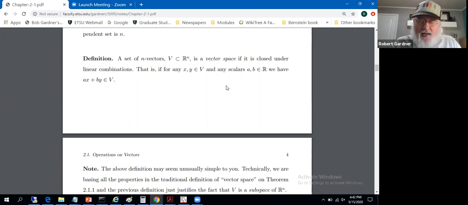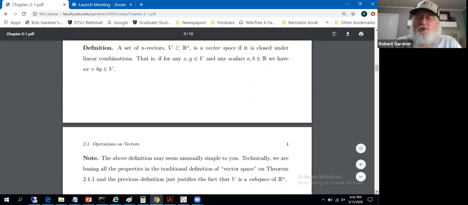They're constraining everything to happen in Rn. So when they say vector space, they mean a vector space that consists of vectors from Rn. We've shown enough theory to establish that Rn actually is a vector space itself. Of course, it's closed under linear combinations. It's all vectors in Rn.